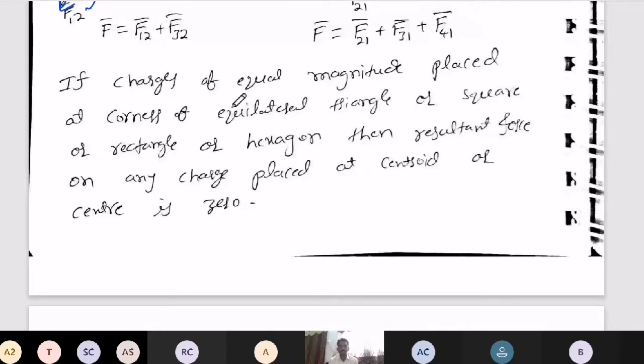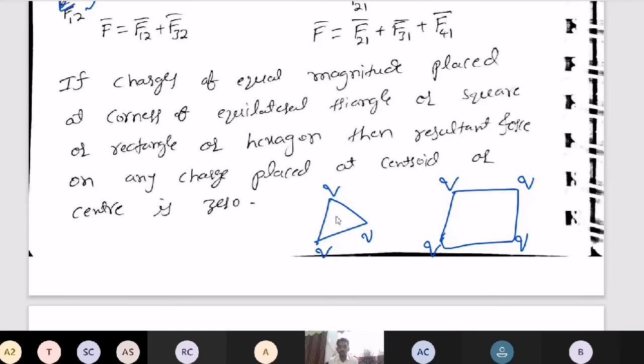And if charges of equal magnitude are placed at the corners of an equilateral triangle or square, remember, if there is an equilateral triangle with equal charges at all three corners, or a square having equal charges at four corners, then in case of the triangle, at the centroid the resultant force is 0 if you place any charge.